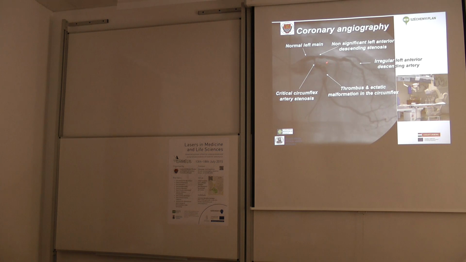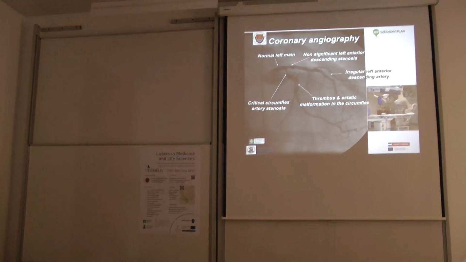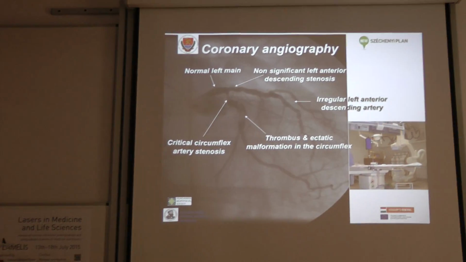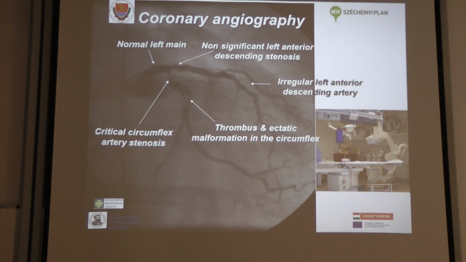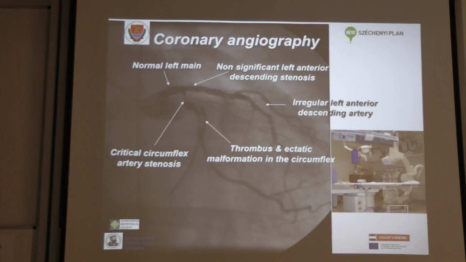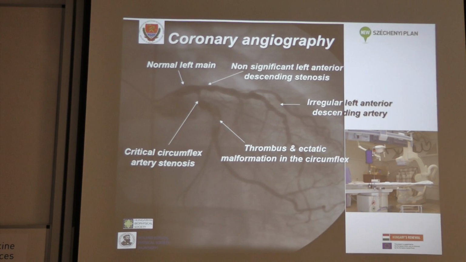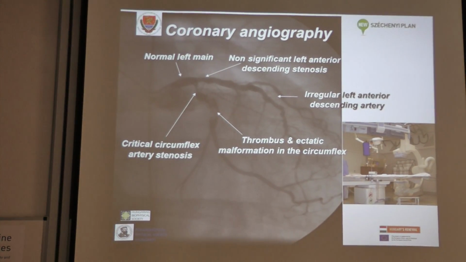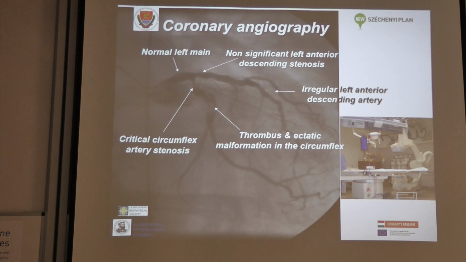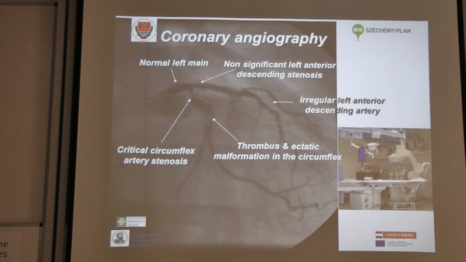In this picture, this is the proximal part of the left coronary artery, and it is an example that shows you most of the possible visible alterations on angiography, which correspond to a certain pathology, the real cause of the disease that lies beneath in the coronary wall.